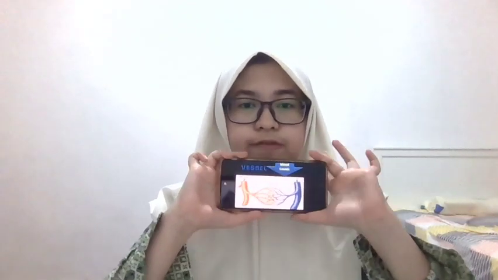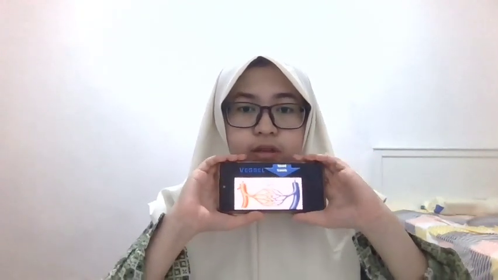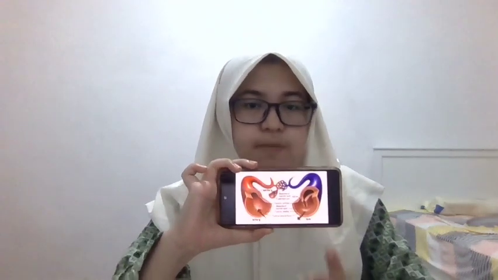So after knowing about the three types of blood vessels, we will also learn the differences between these two vessels. Arteries have thicker walls than veins because arteries carry blood all over the body, so they have a stronger pressure, so they must have thicker walls than veins.